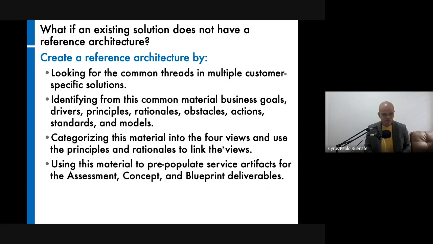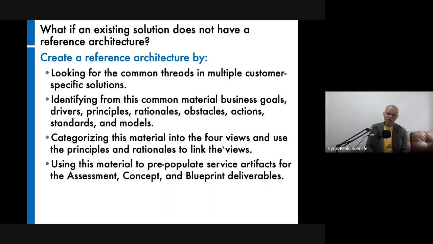Then start identifying from this common material the business goals, drivers, principles, rationales, obstacles, actions, standards, and models. Basically, the whole shebang, all the architectural elements. Find out what's common across all of this. Then categorize the material into the 4 views and use the principles and rationales to link the views.